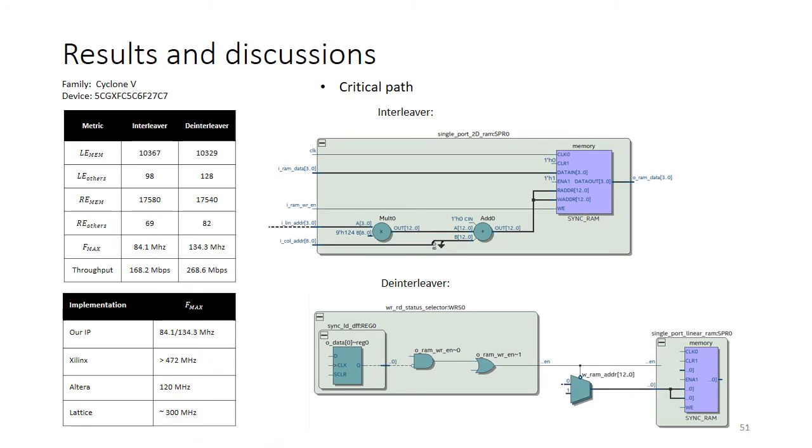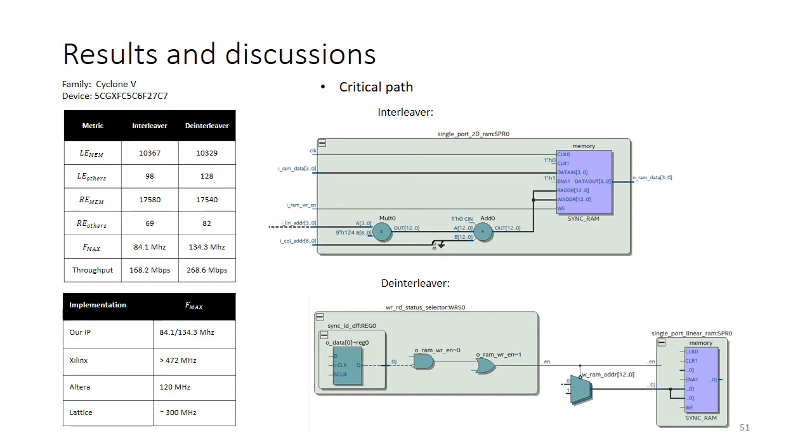Some FPGA synthesis results are collected for our IP instantiated using the parametric values specified in IEEE 802.15.7. A device from Altera Cyclone 5 was selected for such analysis. Resource utilization is dominated by the RAM, and other components use less than 150 logic and register elements. The maximum frequency is 84 MHz for the interleaver and 134 MHz for the deinterleaver.